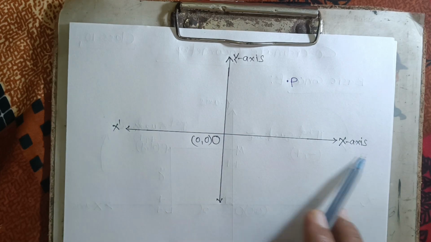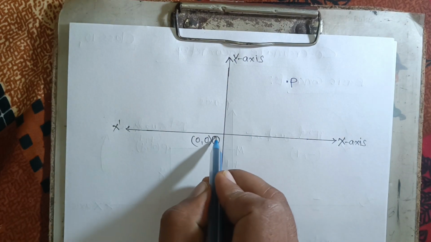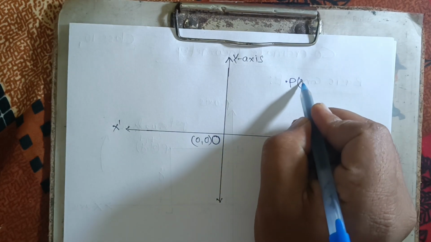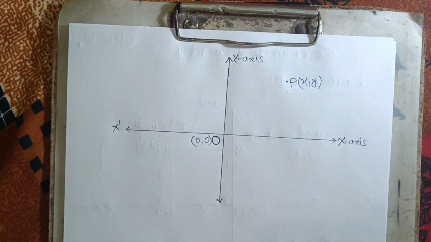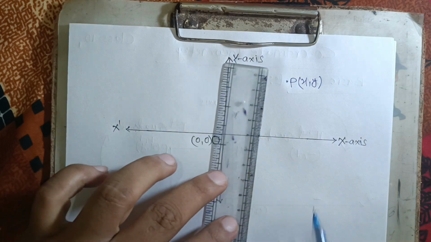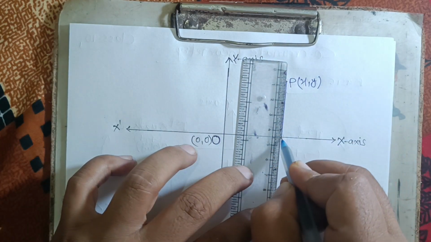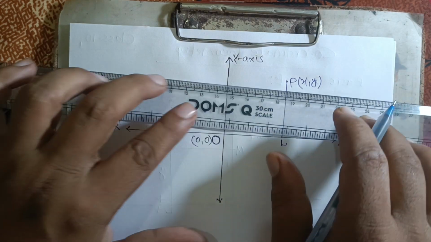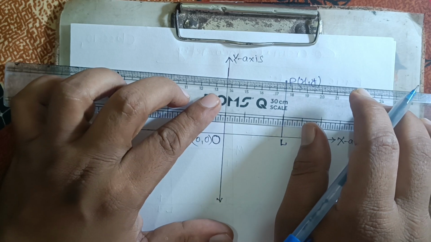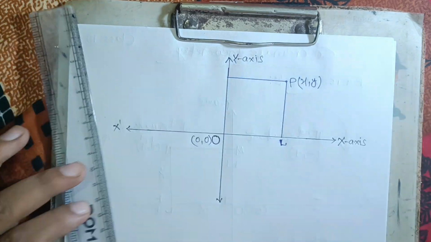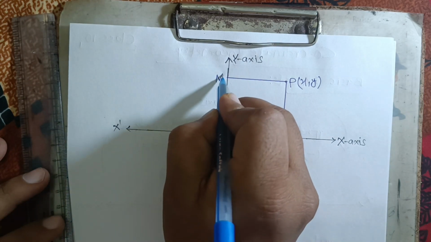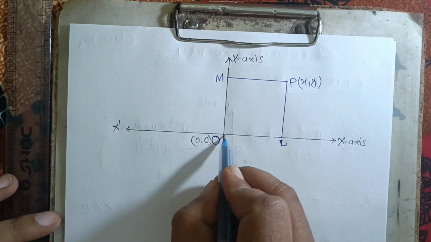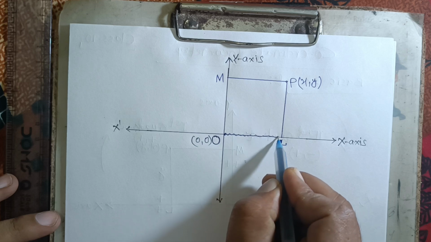Students, this is again x-axis and y-axis, and this is origin. We take a point P, whose coordinate will be x y. Look, we draw a perpendicular PL to x-axis, and from point P we draw a perpendicular PM to y-axis.